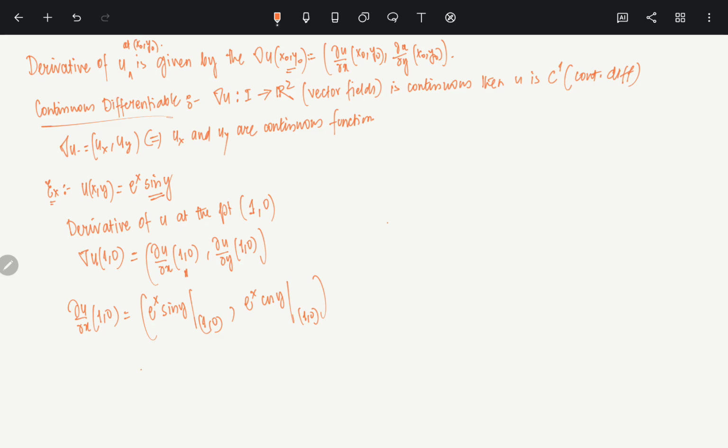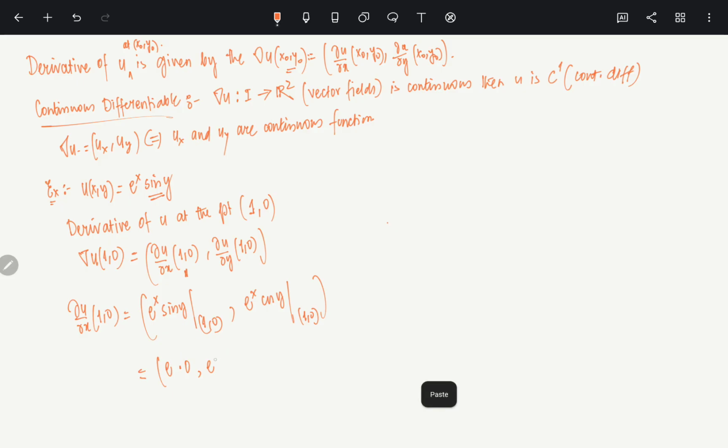Now if you put it together, the value you get for e power x sine y is sine 0, which is 0, times e power 1, so this is e times 0.